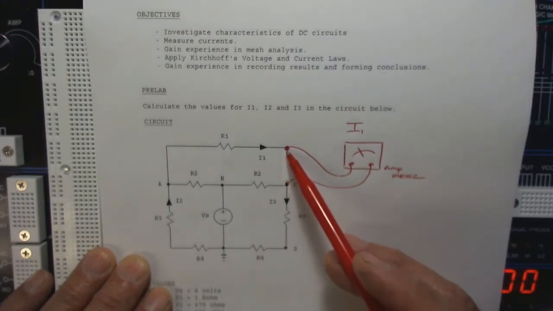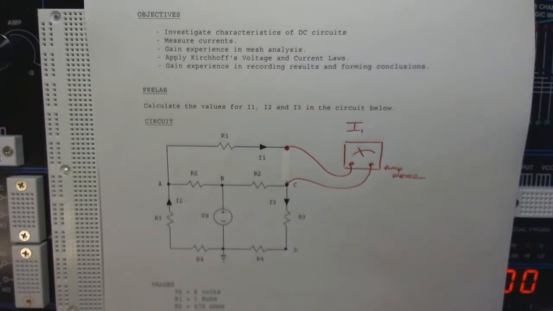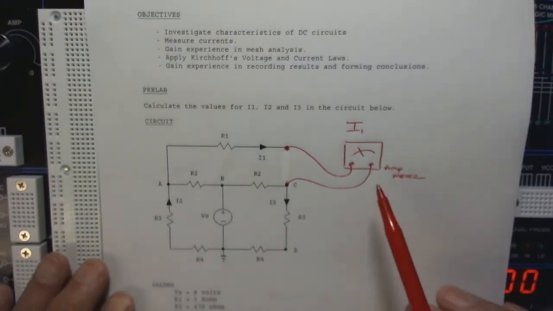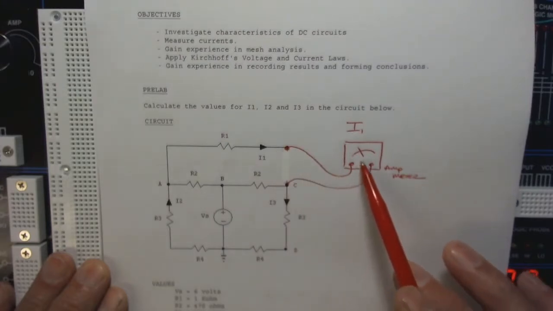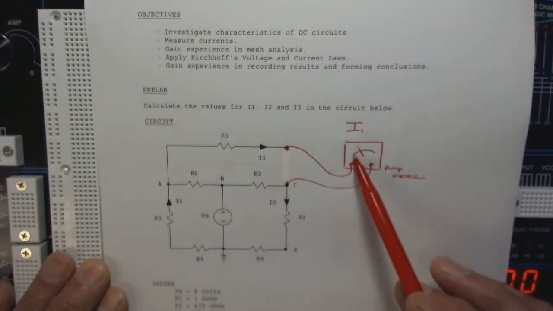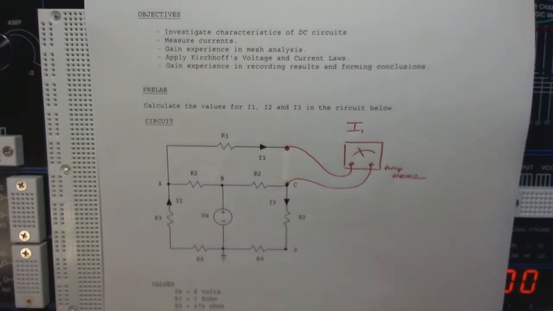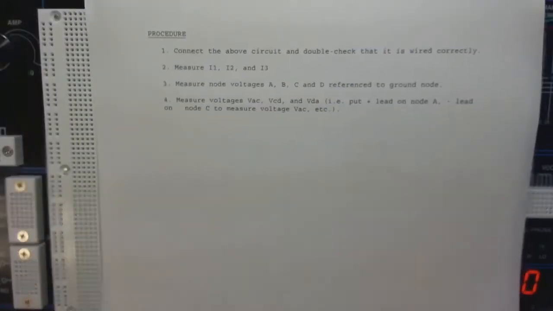I'm going to have to physically open the circuit, and I'm going to put my ammeter in there. It doesn't matter whether I'm using a digital ammeter or an analog ammeter. If I want to measure the current, I have to look at the current going through that meter. So I'll have to open this up and put the meter in there for I1, open this up and put the meter in there for I3, open this up and put the meter in there for I2. So that's how we'll measure those currents.